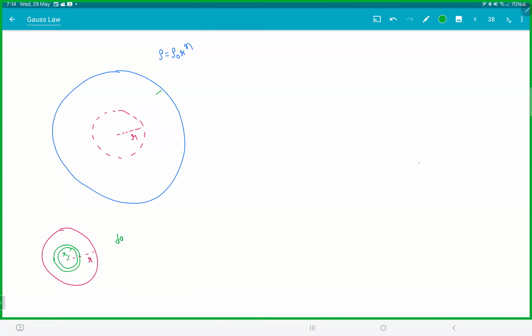So the charge dq on the shell will be rho naught times r power n times 4 pi x square dx. Now understand, n is constant here, x is a variable.